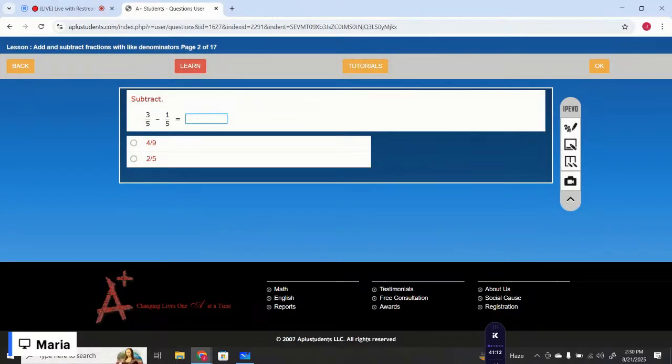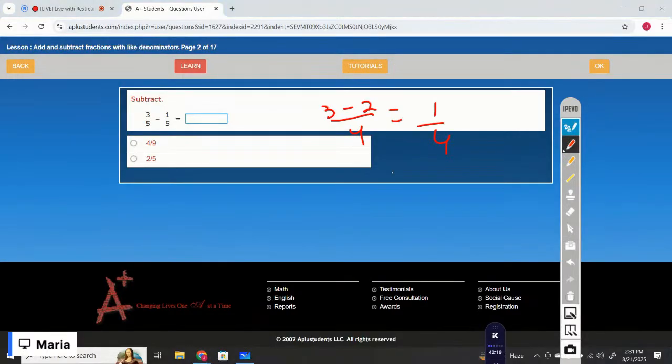Three by 5 minus 1 by 5. So the denominator is same.